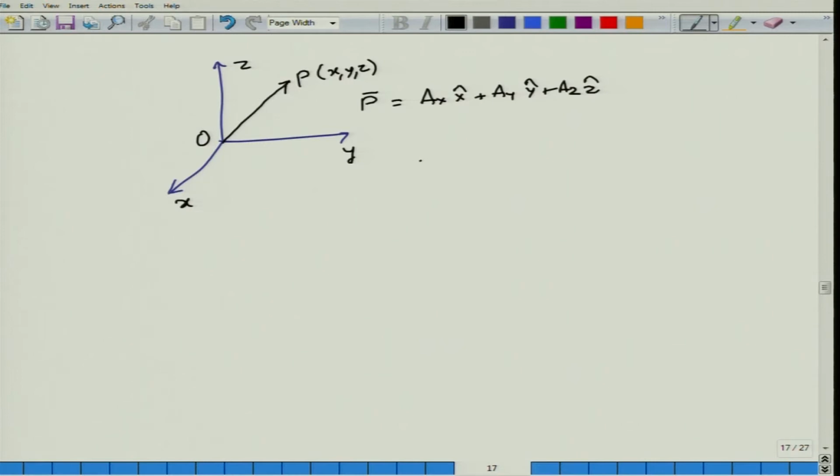If you move a certain distance along x, y or z, the line element in the 3-dimensional coordinate system will be given by dx x hat plus dy y hat plus dz z hat. Similarly, the surface element will be given by, depending on which surface you are considering, the x element given by dy dz x hat and so on.